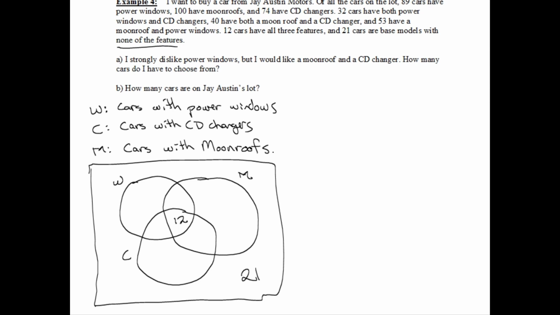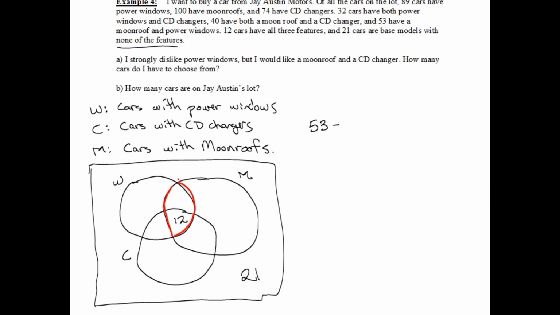Okay, now let's move to the ones that only list 2 of the characteristics. So we're basically working from the end back to the beginning. 53 have a moonroof and power windows. So moonroof and power windows, where does that put me? That puts me here, right?